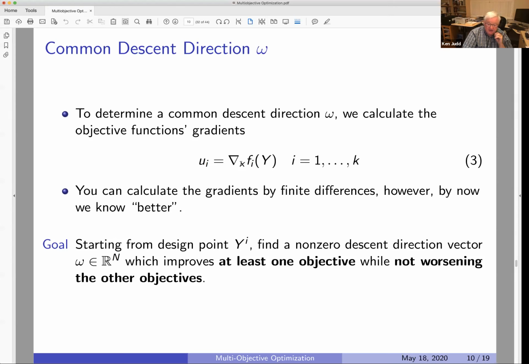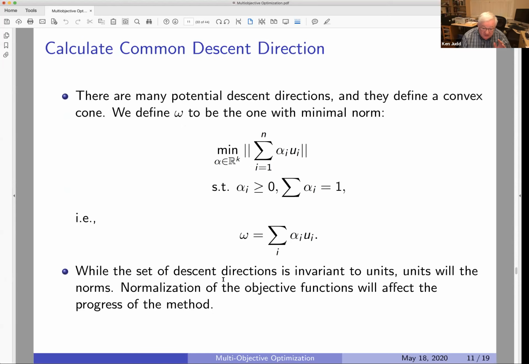By the way, you can compute gradients by finite differences, or better, with CasADi or some automatic differentiation software. Now, starting from some design y_i, you find a non-zero descent direction vector, omega, which improves at least one objective while not worsening the others. Okay, that's our goal.